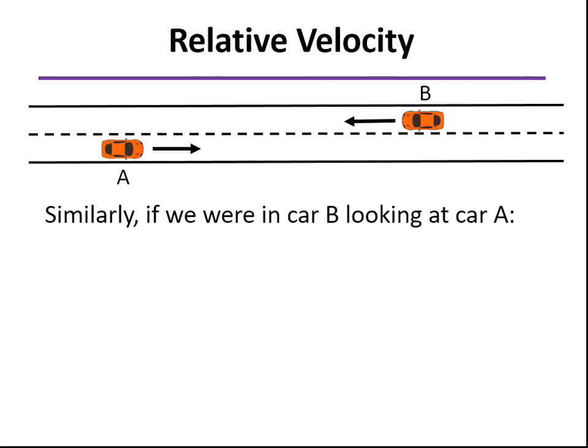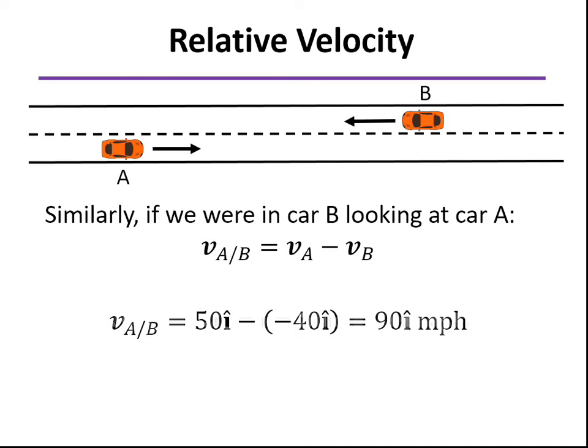And if we switch those around so that we're in B looking at A, then the way we write that relative velocity equation is always in that order. A relative to B is equal to A minus B, whereas B relative to A was B minus A. And so in this case, we just switch those numbers around and we end up with a positive 90i.